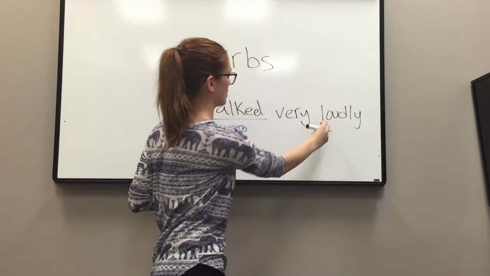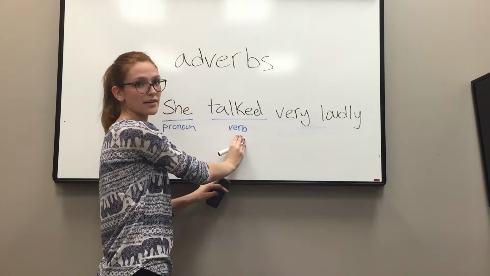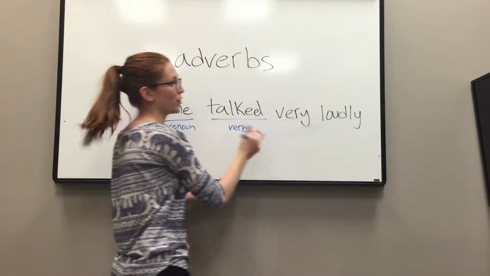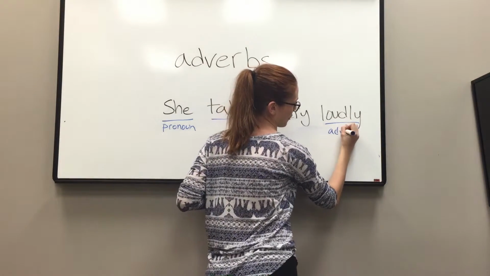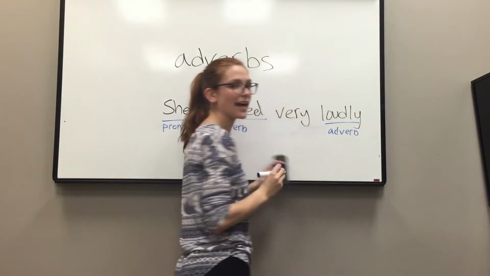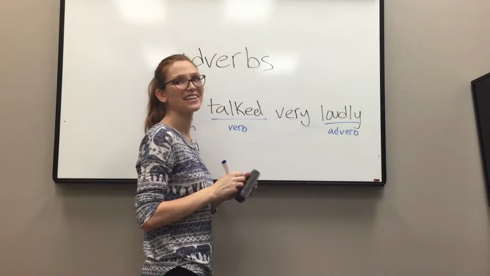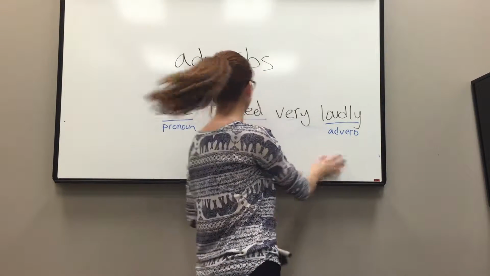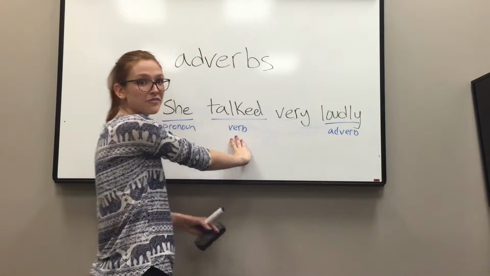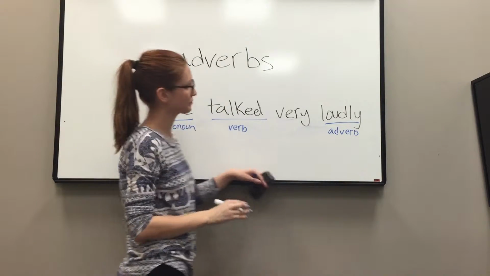Loudly is describing the way that she talked, and talked is a verb. So what does that make loudly? An adverb. Great job. Why not an adjective? Because adjectives describe nouns, and talked is a verb. Great job.